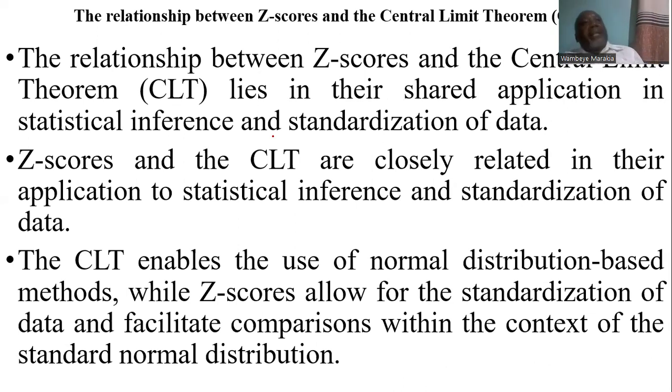Z-scores and the central limit theorem are closely related in their application to statistical inferences and standardization of data. The central limit theorem enables the use of normal distribution-based methods, while Z-scores allow for the standardization of the data and facilitate comparison within the context of the standard normal distribution.